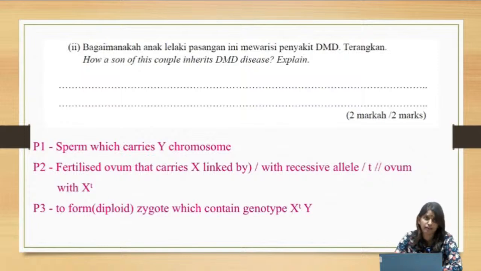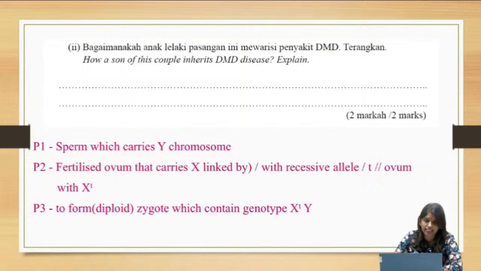If we have a look at the sample answer, you can write: sperm which carries the Y chromosome fertilizes the ovum which carries X, which is linked to the recessive allele, t, thus forming the zygote which contains the genotype X small t Y.